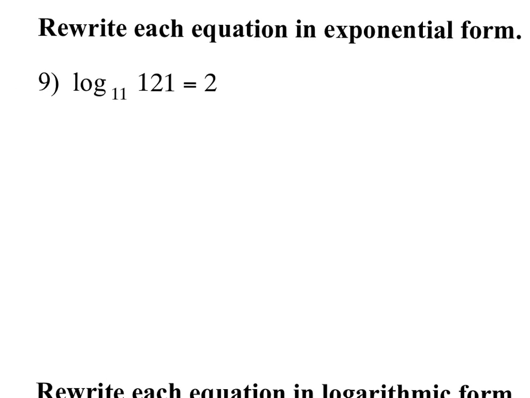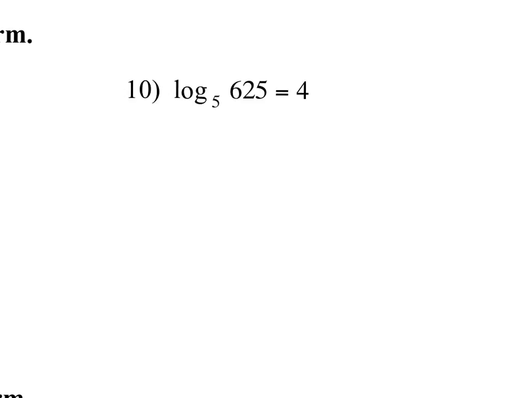We're writing in exponential form. Okay, there's my base. 11 squared is equal to 121. And 5, there's my base, to the 4 is equal to 625.